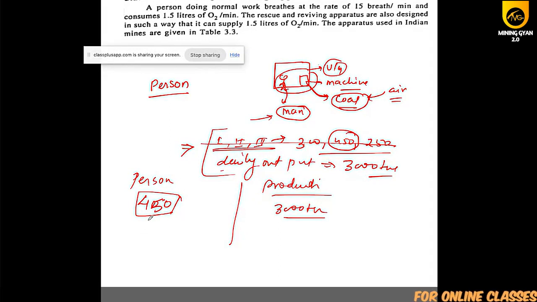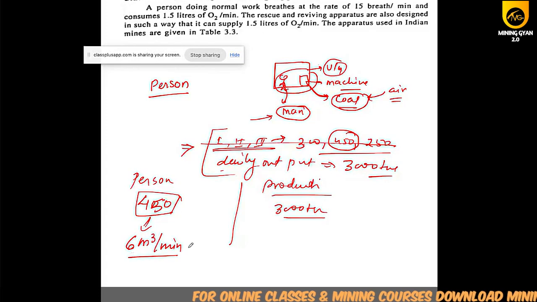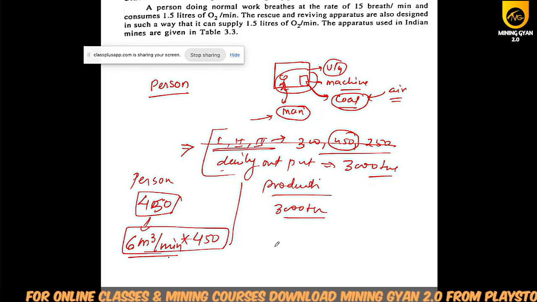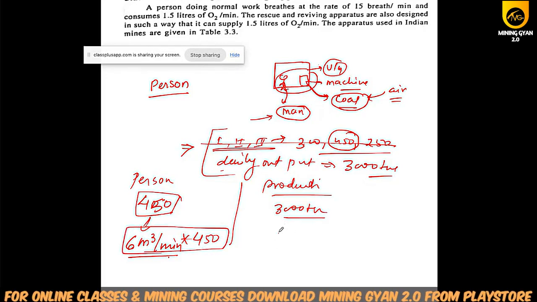Now you have to calculate. I told you 6 meter cube per minute for one person, so you have 450 persons. And I told you to remember 2.5 meter cube per ton, and you have a production of 3000 ton.